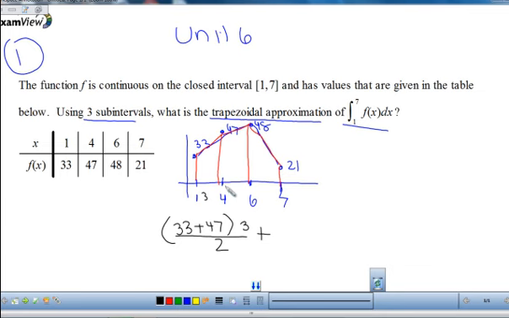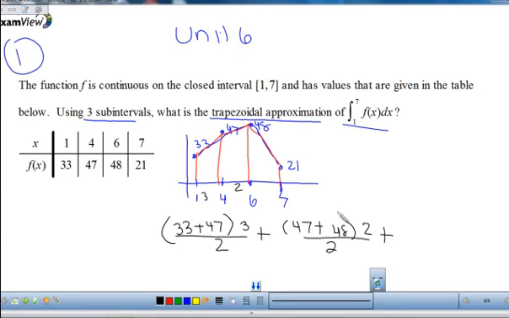The second trapezoid is going to be 47 plus base 2, which is 48, times the height, and the height is going to be 2, divided by 2.